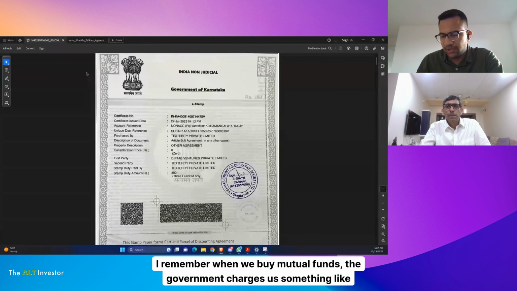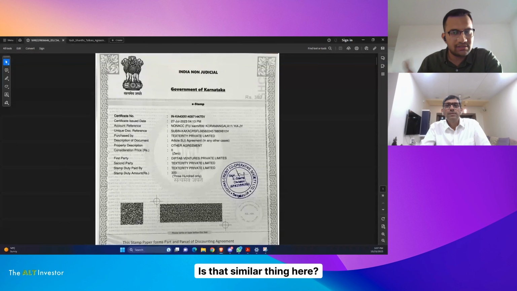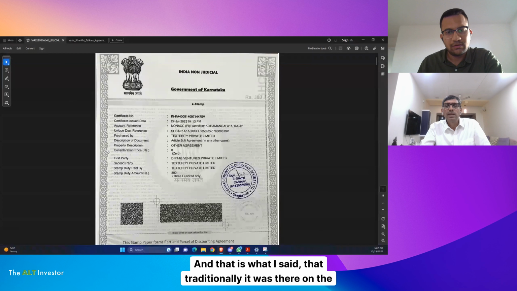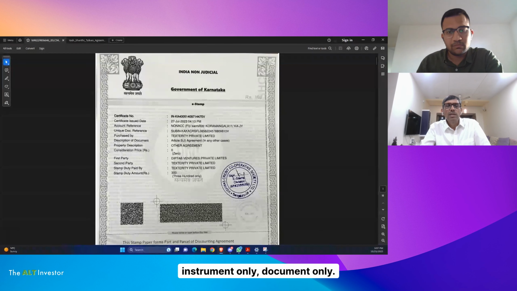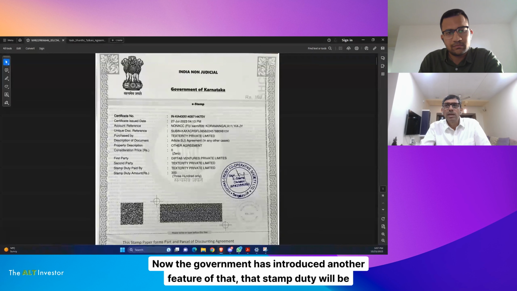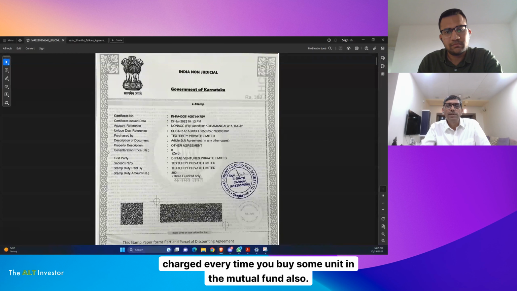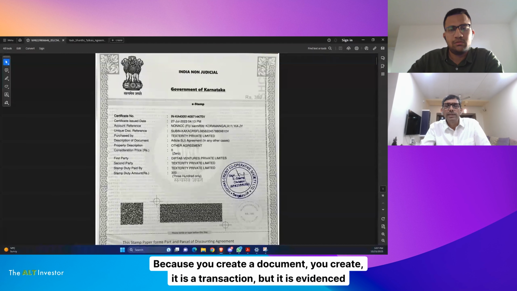So I remember when we buy, let's say, mutual funds, the government charges us something like 0.0058%. Is it a similar thing here? It is the same. It is stamp duty only, and that is what I say. Traditionally it was on the instrument only, the document only. Now the government has introduced another feature: stamp duty will be charged every time you buy some unit in a mutual fund also, because you create a document.